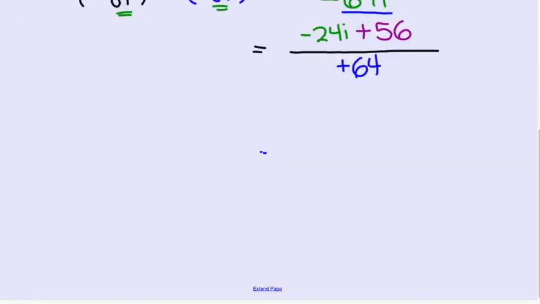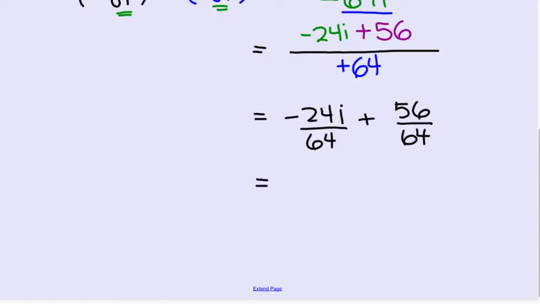Now we have negative 24i over 64, I'm splitting up the fraction, plus 56 over 64. Now reduce the fractions. I'm going to reduce that first fraction by 8.